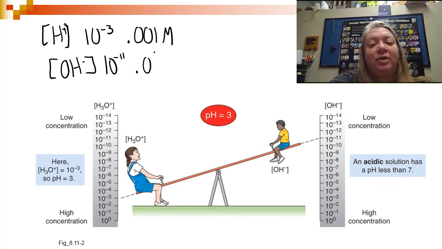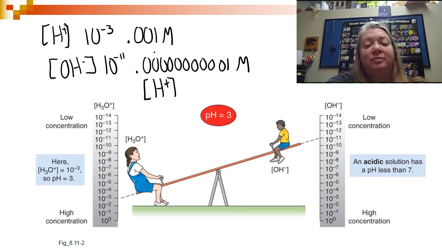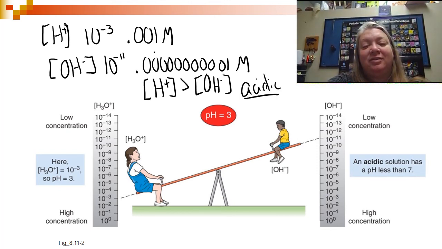It's 0.00000000001 molar. There's a lot more H plus in the solution than there is OH minus. So we can say that the H plus is greater than OH minus. And so this one is going to be acidic.